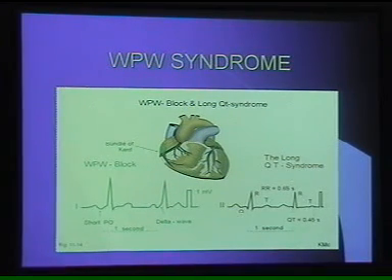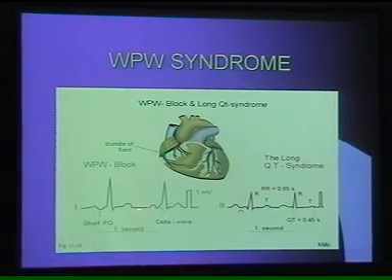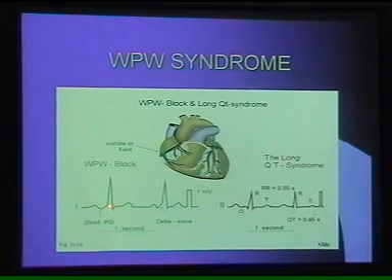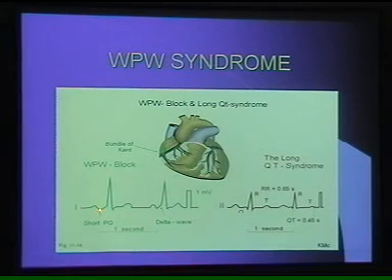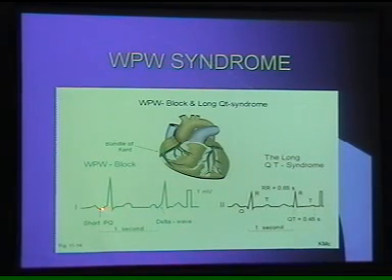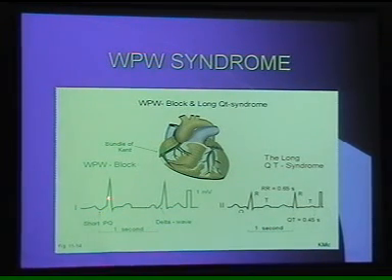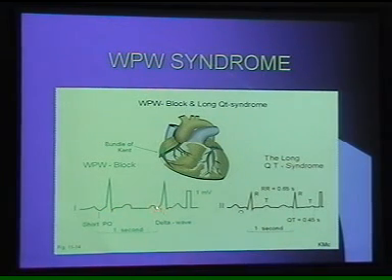And the ECG can give us a clue to this, because in this type of phenomenon, we have a short PR interval and an extra wave between P and Q or R wave. That's called the delta wave, shown better here.